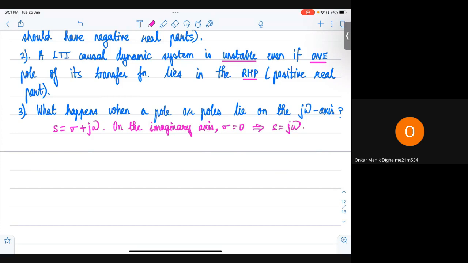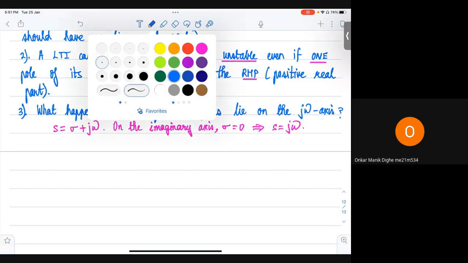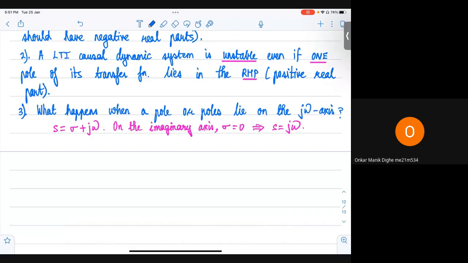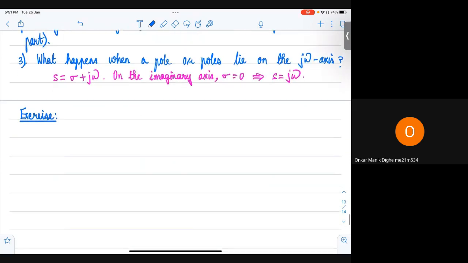Okay, so now I am going to leave you with this exercise problem to solve as part of today's class. We will discuss its solution and the consequences in the next class. You don't need to submit it as homework. You can just do it as an exercise and come to the next class.